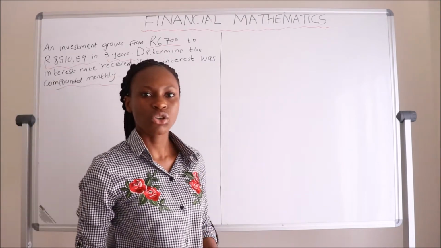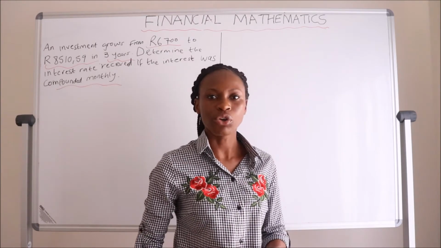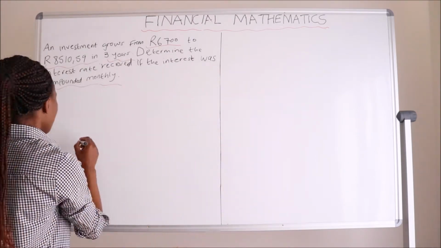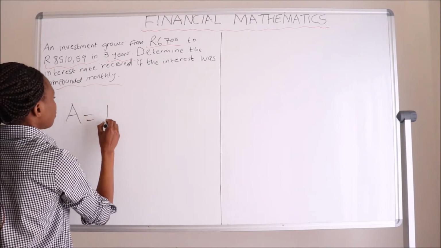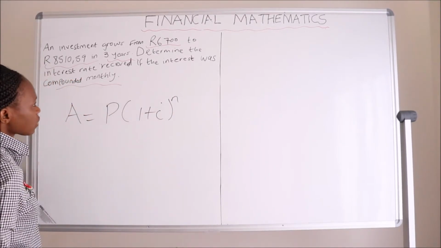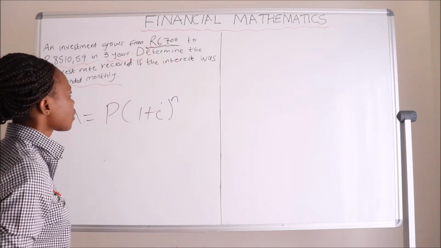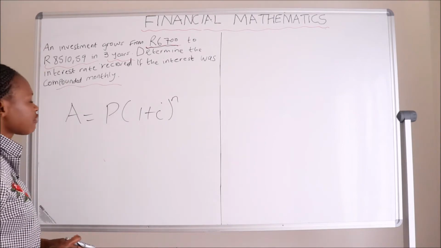In this case, we are given all the parameters besides I, which is our unknown, which we are looking for. Then here we have A equals P into (1 plus I) to the exponent of N. You use this equation because the investment actually grew from 6,700 to 8,510.